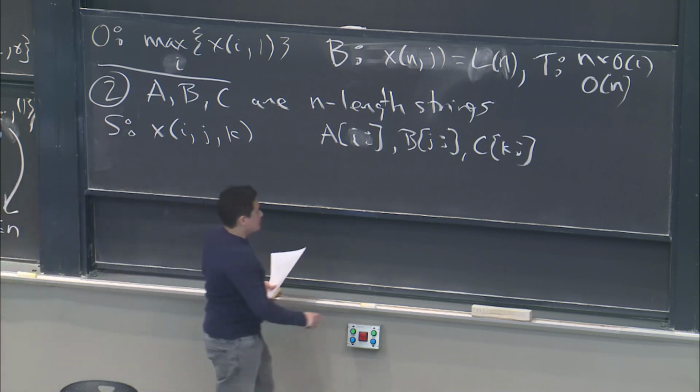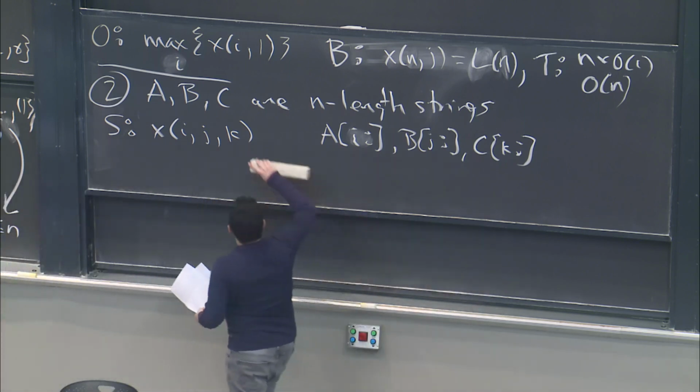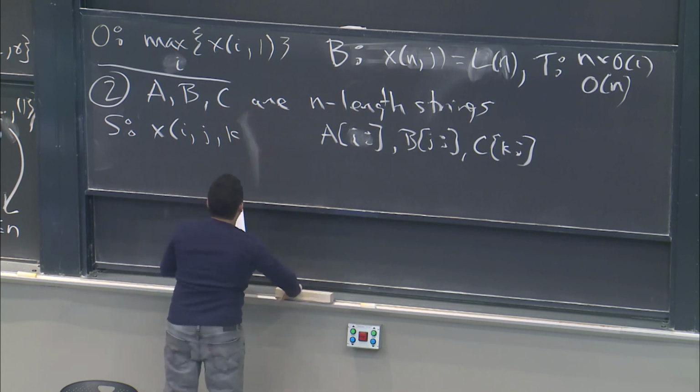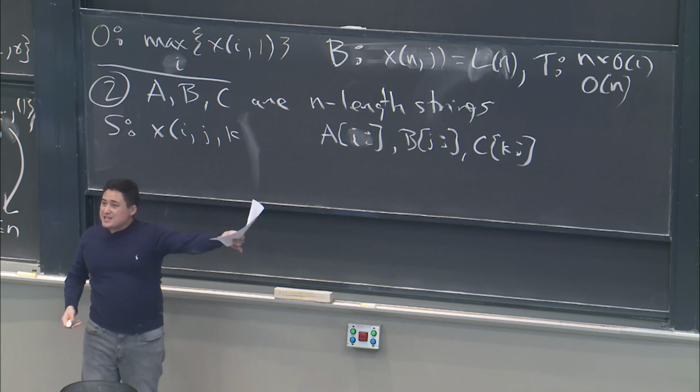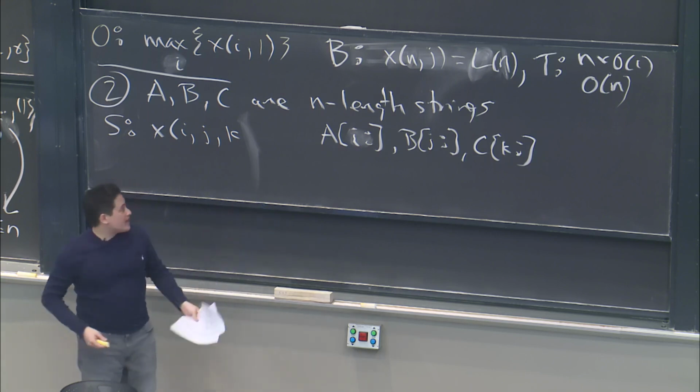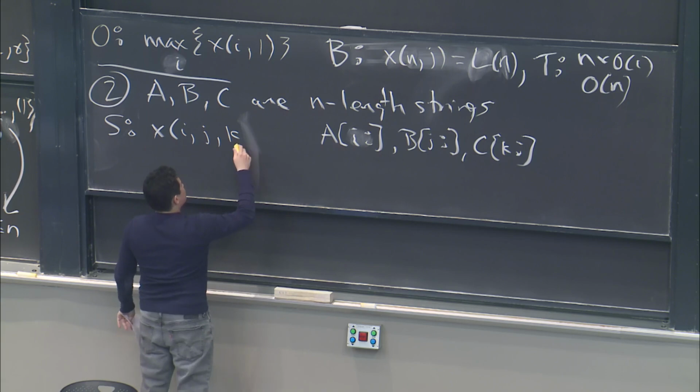Okay. So what we're going to do is remember or figure out how many things I'm still needing to match in C to Alice and Bob. Right? So I'm going to call this K_i.